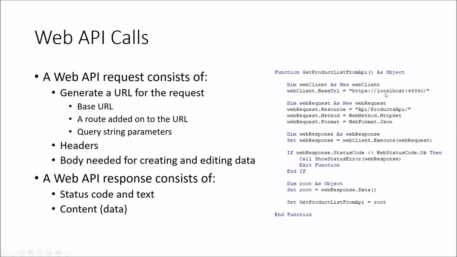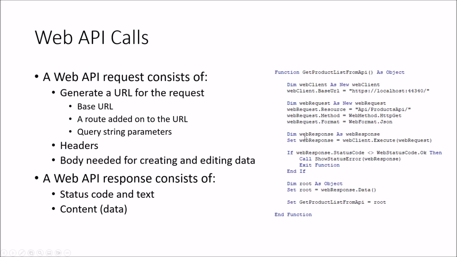So that's essentially the server or the host name. Then we create a web request and we give it that resource or that path, and we say it's API, products API in this case. We then tell it the method that we're going to use. Is it a get, a put, a post, delete? In this case, it's a get. And then we say another header, the format that we want, which is JSON.